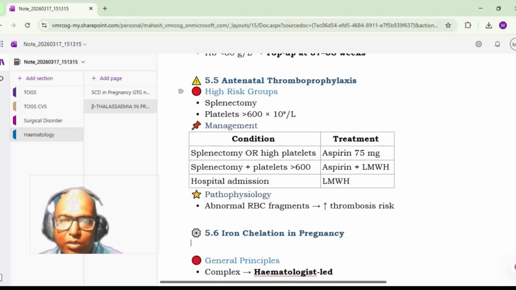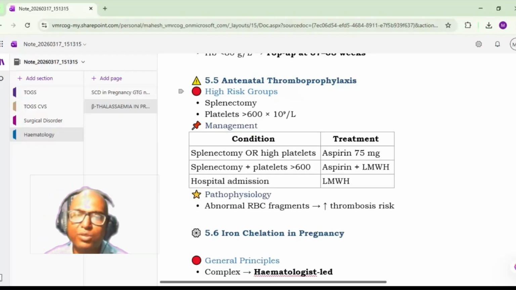Coming to the antenatal thromboprophylaxis, high risk groups are the splenectomy patients, and if they have undergone splenectomy and the platelet count is more than 6 lakh, in that particular case, what is the management? So look here, they can ask you the SBA. If the patient has got splenectomy or the patient has got high platelet, then only the aspirin 75 milligram is required. If the patient has undergone splenectomy and the platelet count is more than 6 lakhs, then aspirin plus LMWH is required.